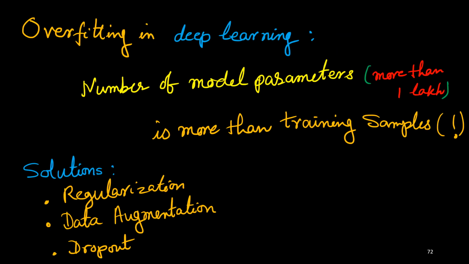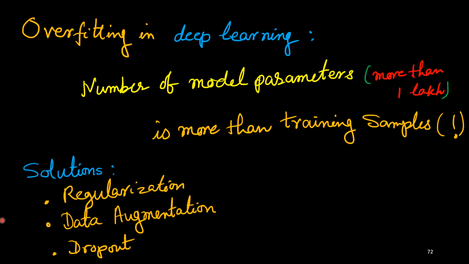And one more thing, this overfitting problem is common in deep learning. In deep learning, we'll be using a huge number of model parameters, generally considered more than 1 lakh. In that case, training samples may not be at that level. You may have a few training samples, not in proportionate level.